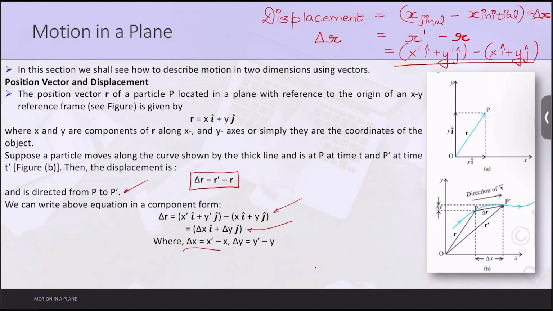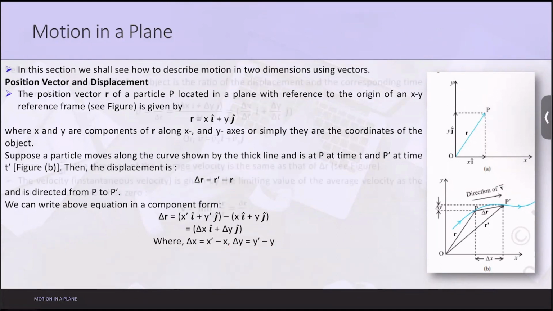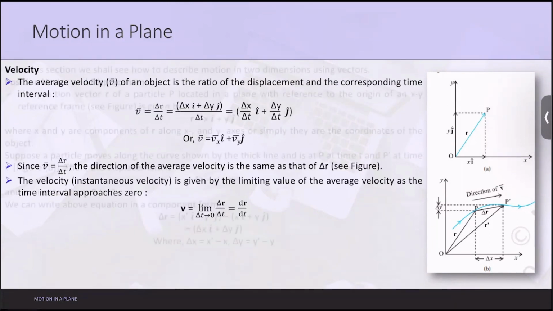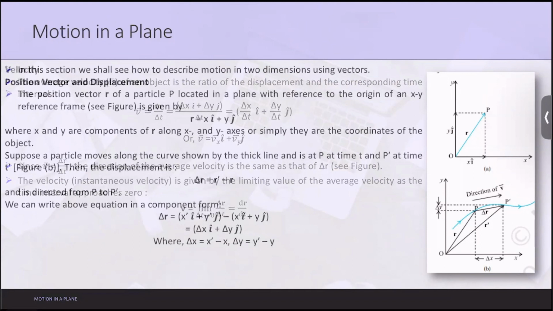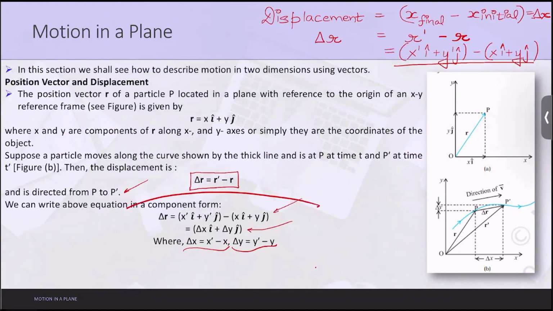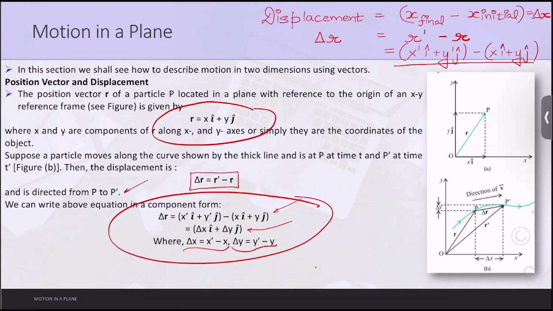What was delta x? Basically it was x dash minus x. What was delta y? Basically it was y dash minus y. So that was the displacement vector. That is how we can understand the displacement vector, and that is how we can understand the velocity vector.